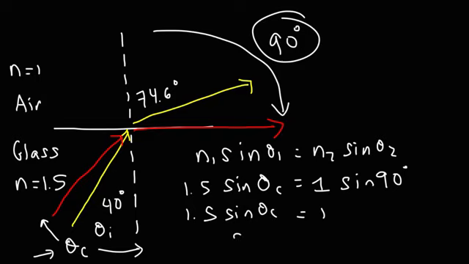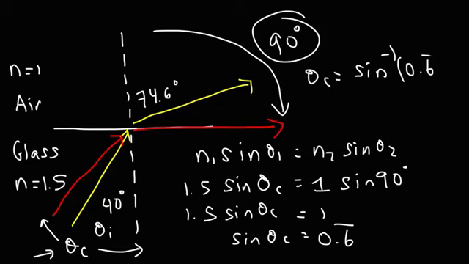So we have 1 divided by 1.5. And that's equal to 0.6 repeating. So the critical angle is going to equal arcsin 0.6 repeating, or 2/3. So in this example, the critical angle is 41.8 degrees.